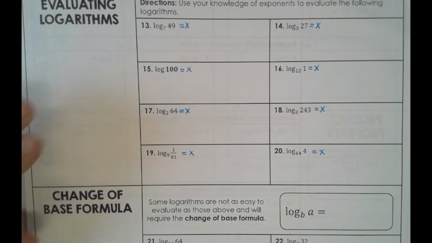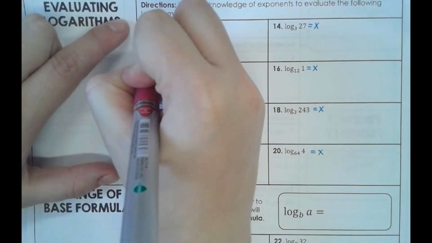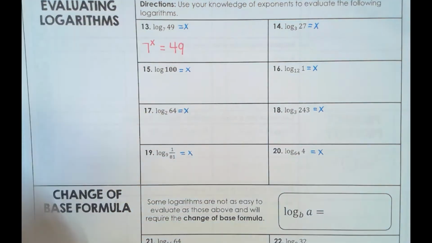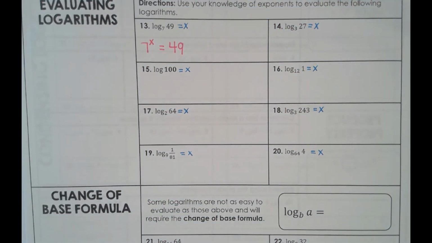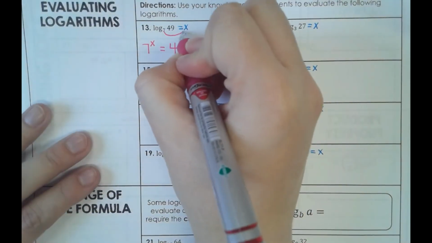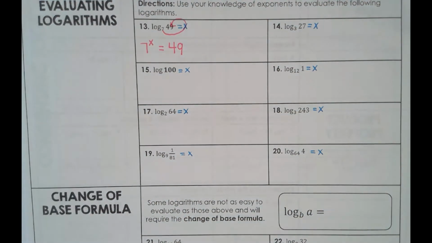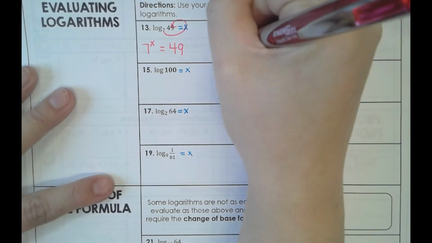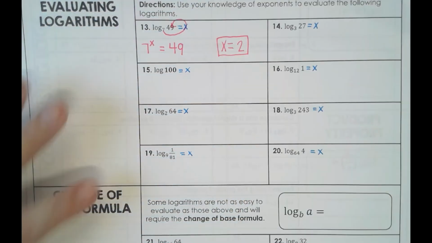So number 13, this would be 7 to the x power equals 49. We go our loop, 7 to the x to the 49. 7 to the x power equals 49. What does x equal? 2, because 7 squared is 49.